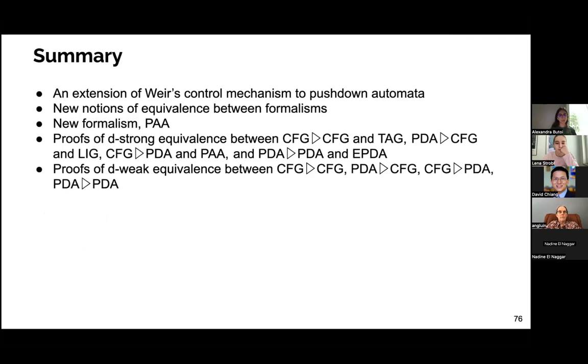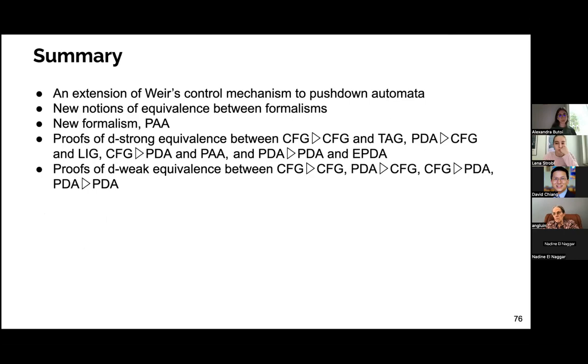As a summary, in our paper, we came up with an extension of the control mechanism, which has pushdown automata both as the controllee formalism and as the controller formalism. We introduce new notions of equivalence between formalisms. They sit between the well-known strong equivalence and weak equivalence.